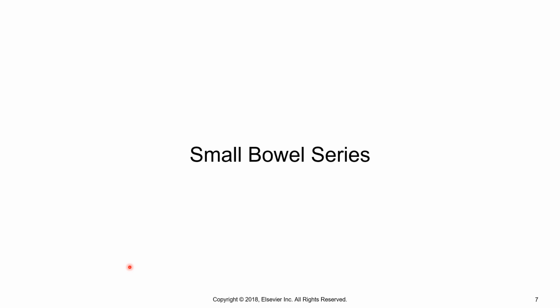All right, one of the first imaging exams that we have of the small bowel is called a small bowel series, or sometimes you'll see that referred to as an SBS.